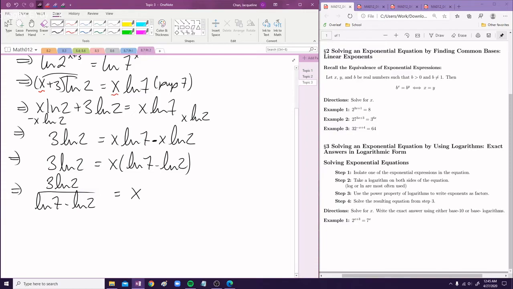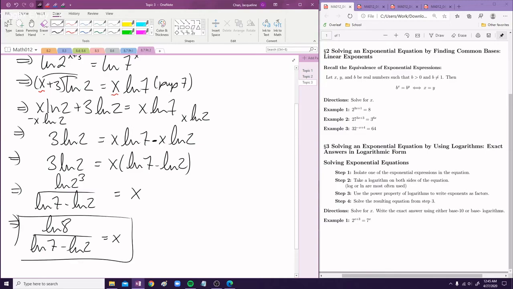So we're done. Actually, almost done. I have this 3 natural log of 2. How can I also rewrite this? 3 natural log of 2 is also natural log of 2 cubed. So this becomes natural log of 8 over natural log of 7 minus natural log of 2. And this is our solution.